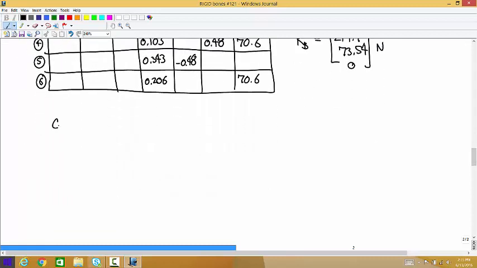Okay, centroids. So the centroid is the geometric center of an object.